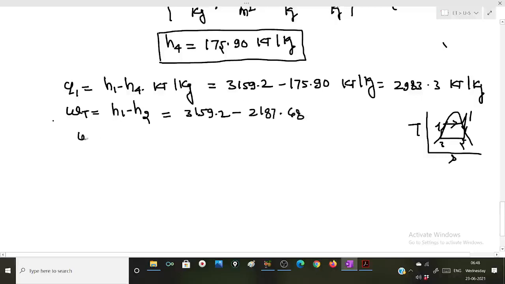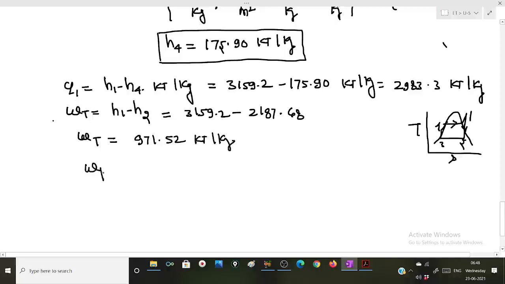So from here the specific turbine work output will be 971.52 kilojoule per kg.